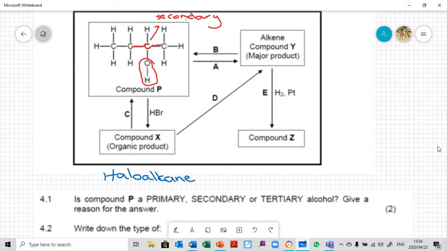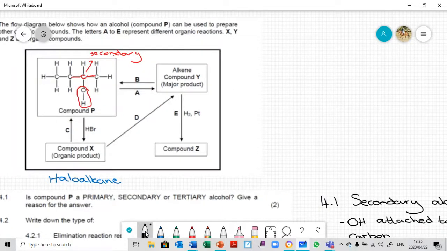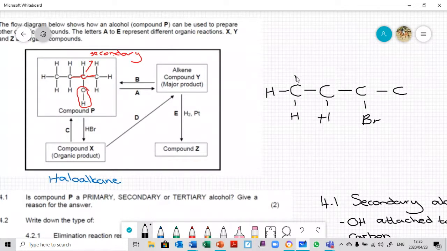Okay, so what ends up happening is this Br and that OH change places. Okay, so the compound that forms has got 1, 2, 3, 4 carbons, and instead of an OH, it has a Br, and nothing else changes.